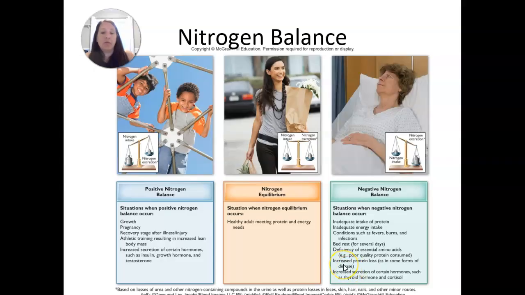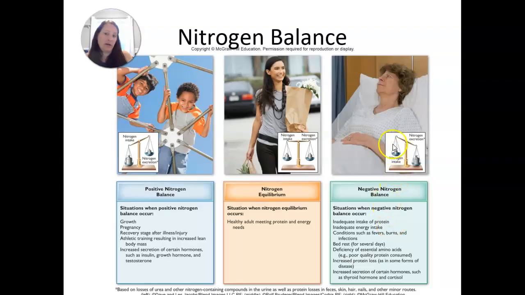They don't have the proper pool of amino acids to make the body's proteins. Individuals who, for whatever reason, have an increase in protein loss. So the excretion, the loss of protein, is higher in these individuals. Some types of diseases this would hold true for. And lastly, increased secretion of certain hormones such as thyroid hormone and cortisol could lead to this negative nitrogen balance.